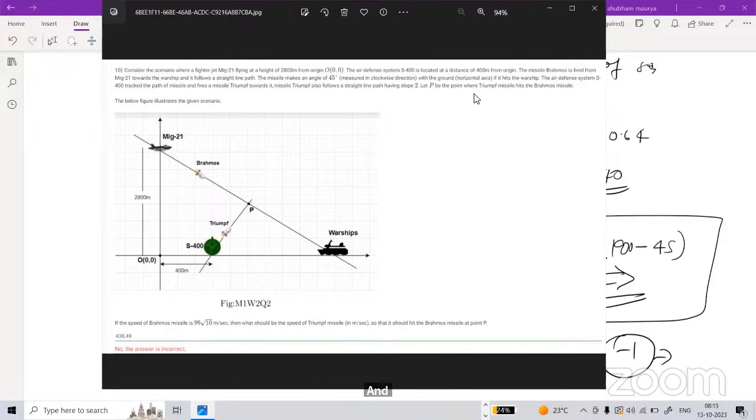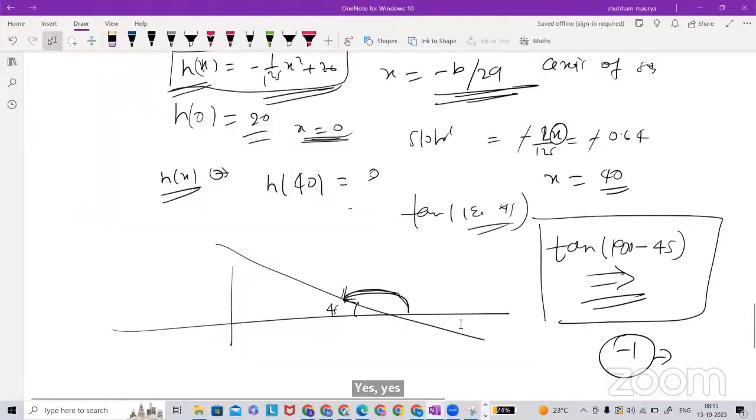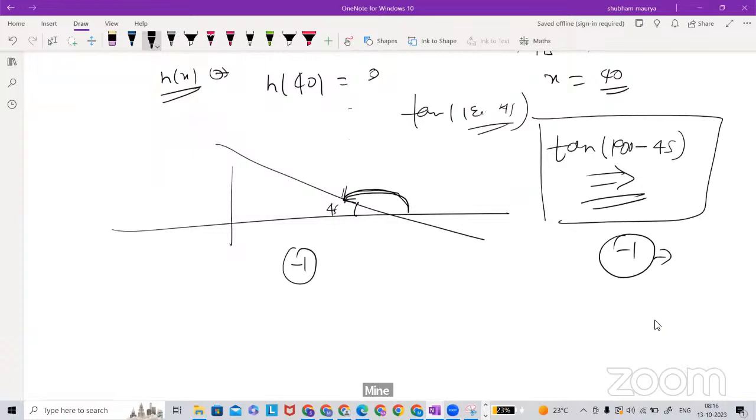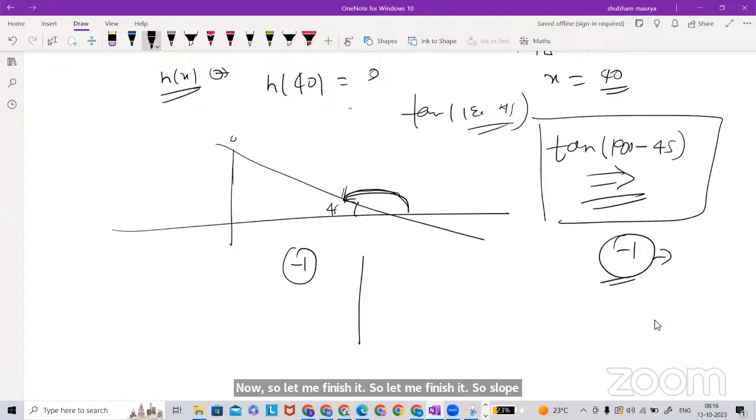Anyhow, we have to calculate this angle. So the slope of the line from the Brahmos is -1. The slope is -1 and one point is already given, which is (0, 2800).